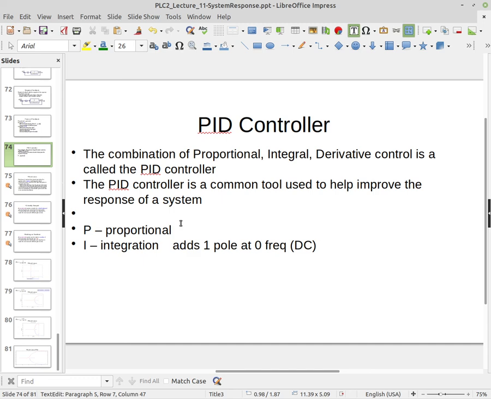And what that means is, if there is error in the system, this will keep pushing the system until the error goes to zero, or you saturate your control output.